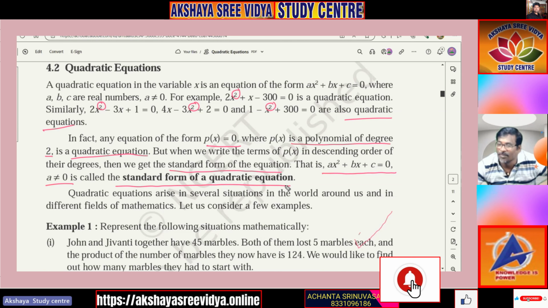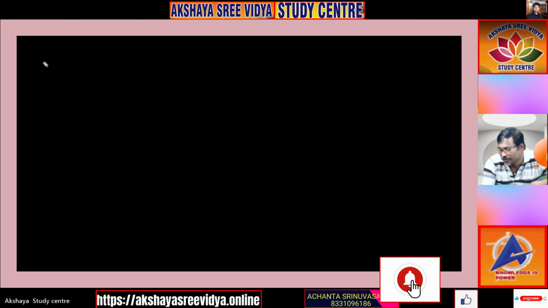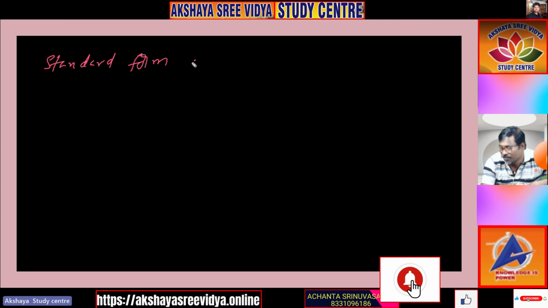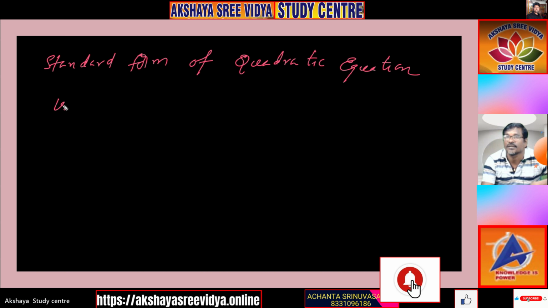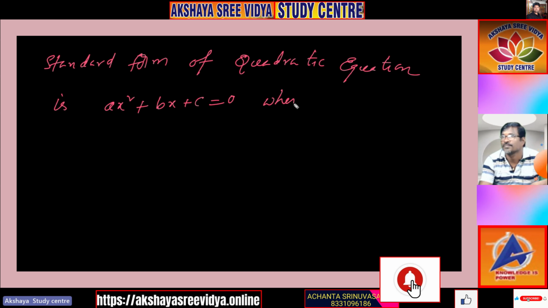What is the standard form of a quadratic equation? It is ax squared plus bx plus c equal to 0, where a is not equal to 0. Here P of x is equal to ax squared plus bx plus c, and P of x equal to 0 gives ax squared plus bx plus c equal to 0, with a not equal to 0.